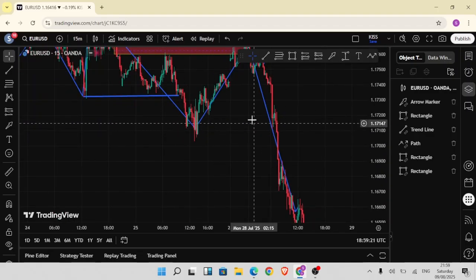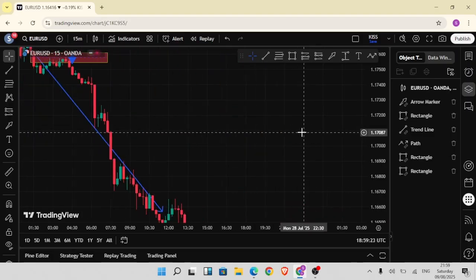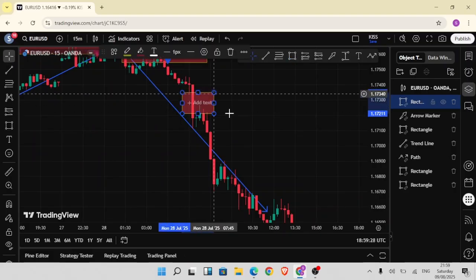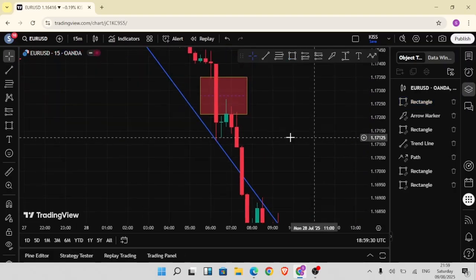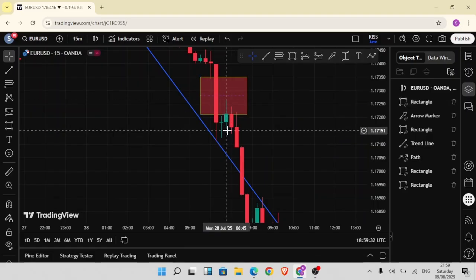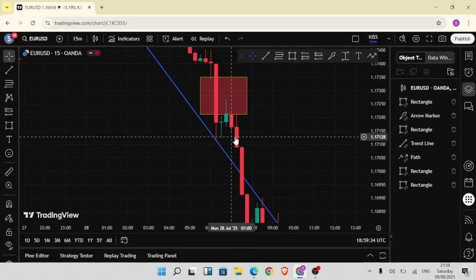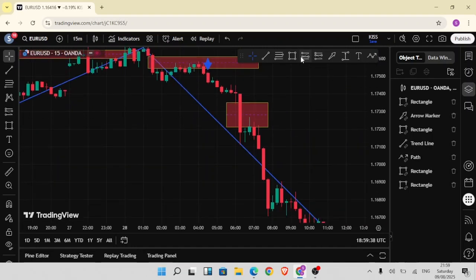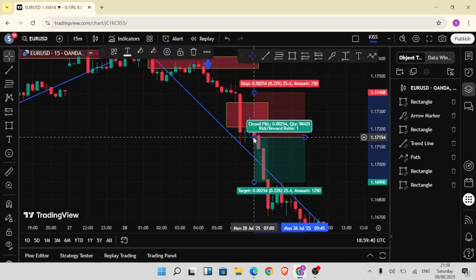Assuming you missed that entry, you still had another opportunity. Well, remember the price has not broken below this point, so you have several entries right here. Another fair value gap, right? This is enough time for you to get into this entry. 15 minutes, 30 minutes, 45 minutes, and you get another entry right there, assuming you missed the first 2 entries.